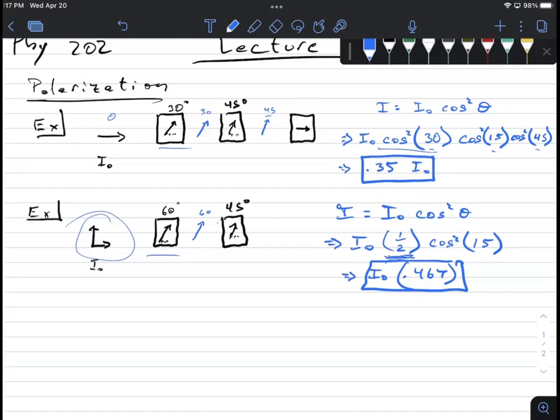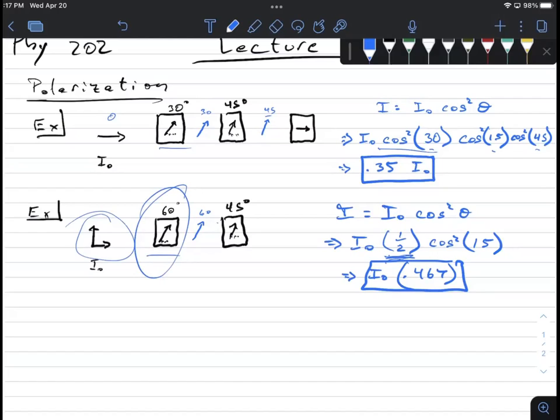I know half of the light is blocked. So I automatically put a half there. So no matter what this filter was, if it was a horizontal filter, a vertical filter, 33-degree filter, doesn't matter. That first term is a half automatically because the initial light was unpolarized.